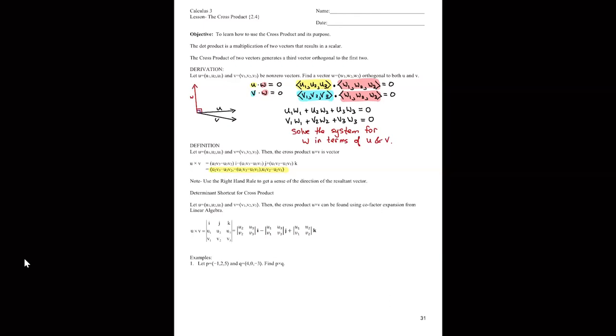So from those two equations and proper algebraic technique, you would end up with those components, which in turn would be your cross product.